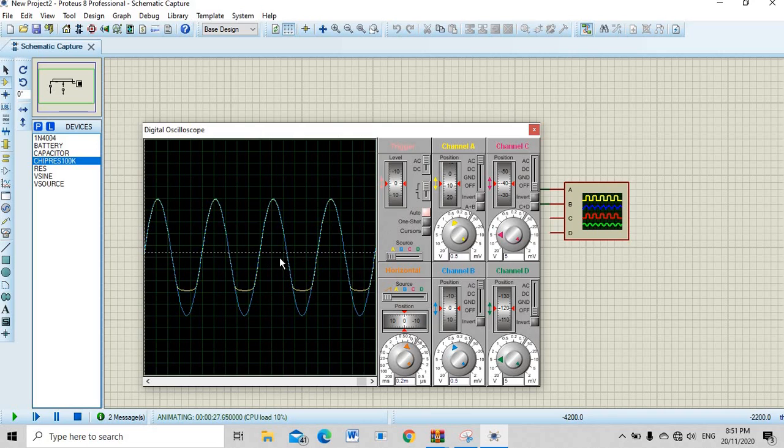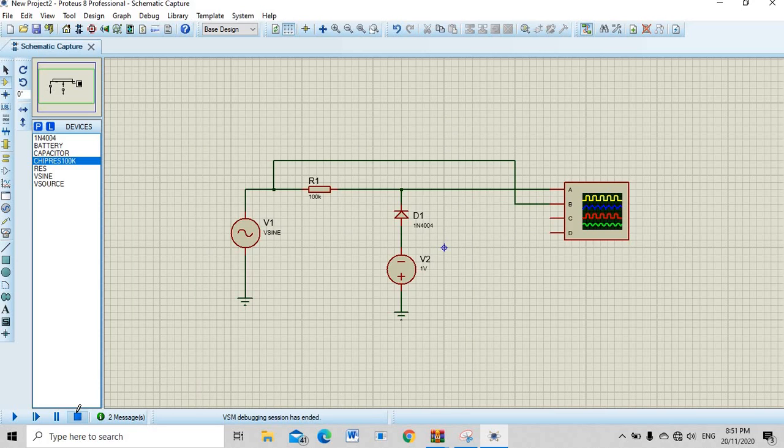There is some negative value below the input wave. This is the graph for the input sine wave and output sine wave of circuit 2.5.